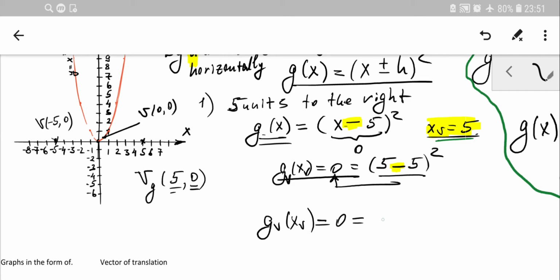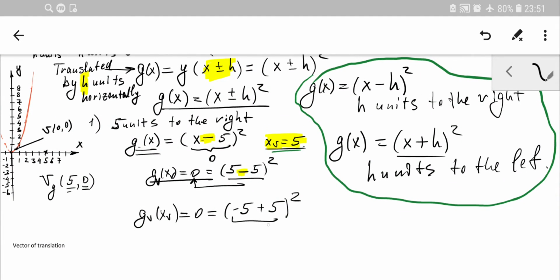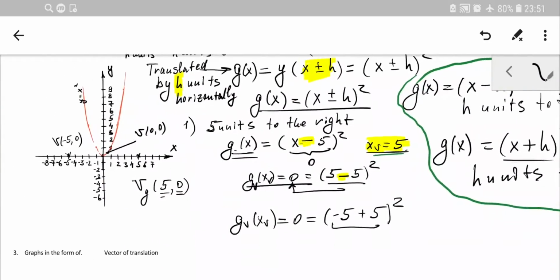Instead of x you put -5, and in combination with 5 it should be 0, so obviously you need to use plus. So this is in full correspondence with this rule, okay? -5 instead of x vertex, plus 5, should give you 0. Hope you understand that.